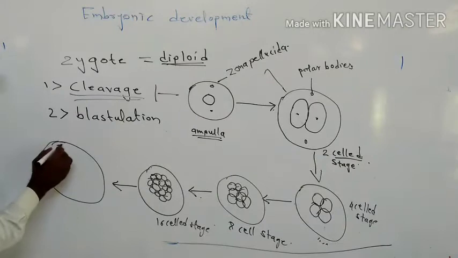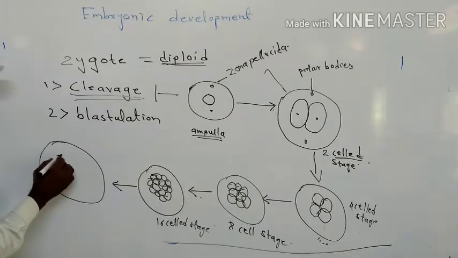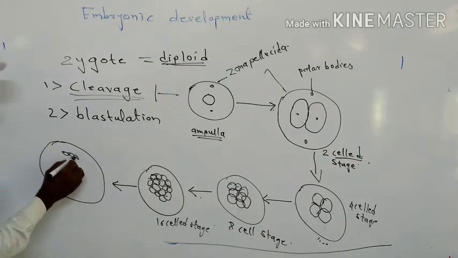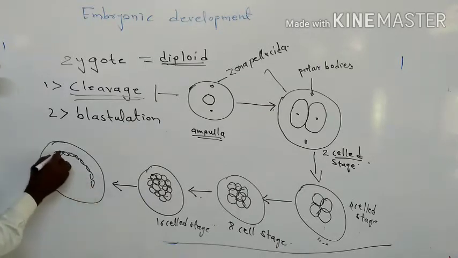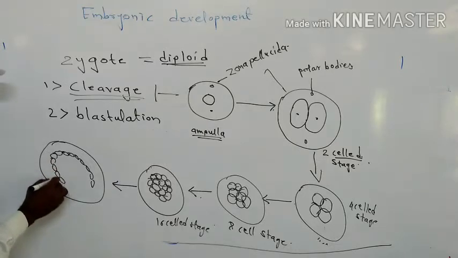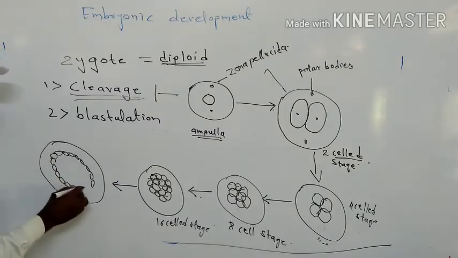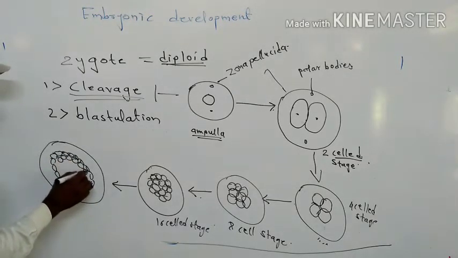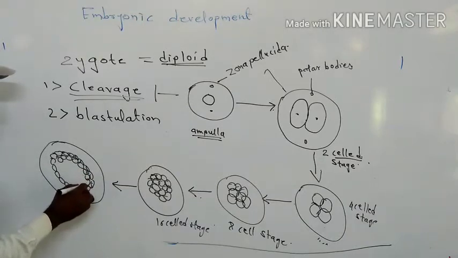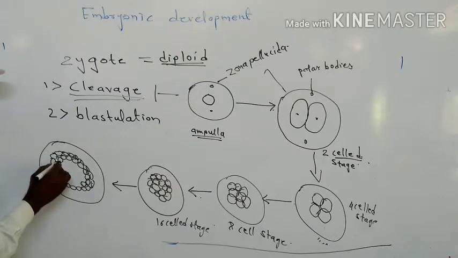In these 32 cells, we can see the outer cells are somewhat smaller, and the inner cells are somewhat larger. The smaller cells outside are called clearer cells, and the inner are larger cells.